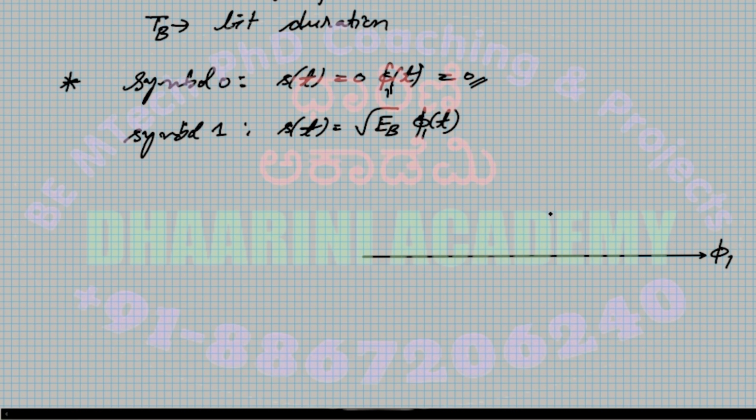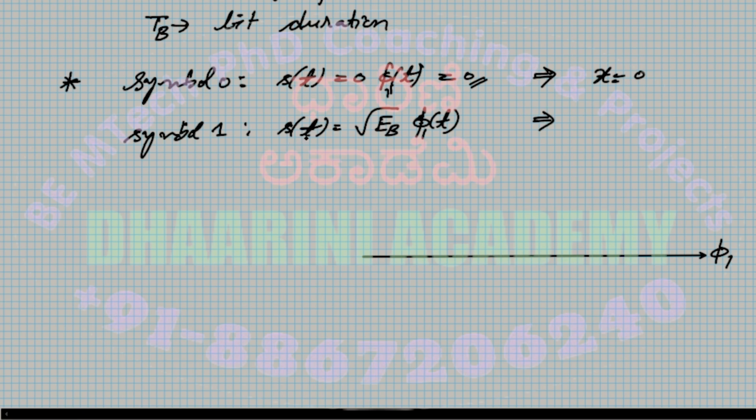Now you see, if at all you used to write it as the x-axis, maybe for symbol 0 you used to say x is equal to 0, right? They relate like this. When symbol 0 is being transmitted, my x value takes 0.